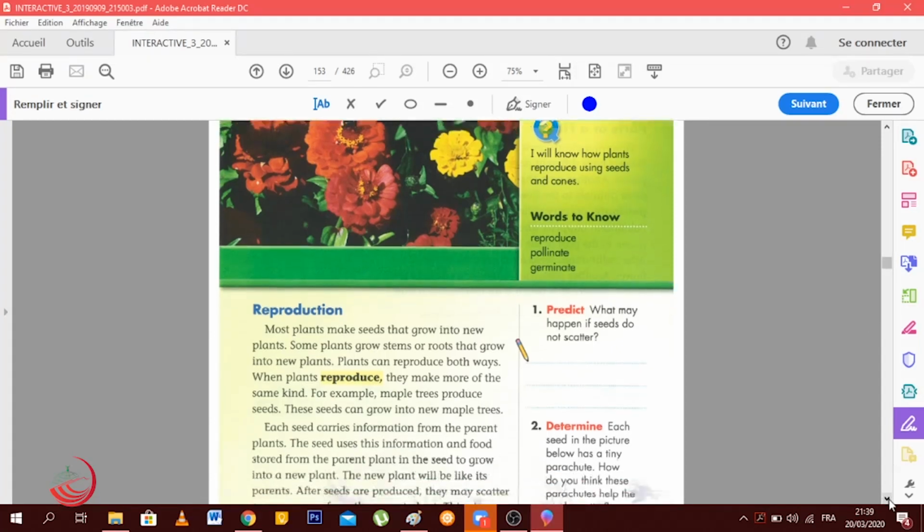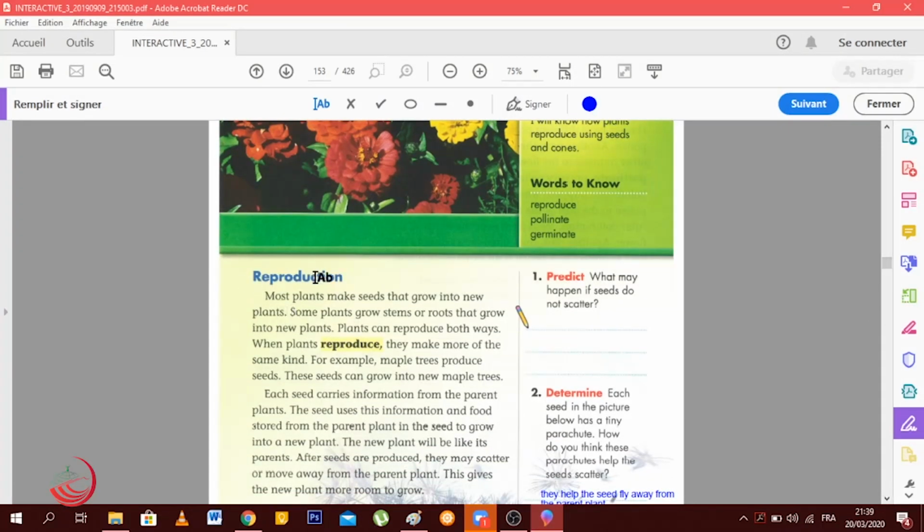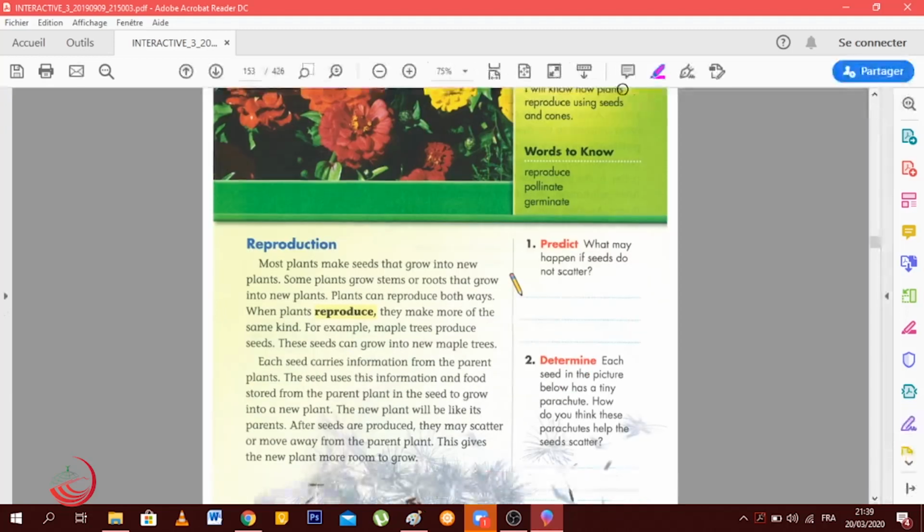Okay, so I'm gonna read reproduction, and then we're gonna review these two questions. I'm gonna read and also highlight the most important ideas. So reproduction. Most plants make seeds that grow into new plants.